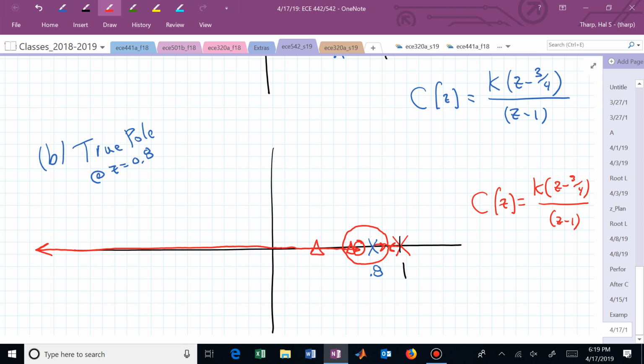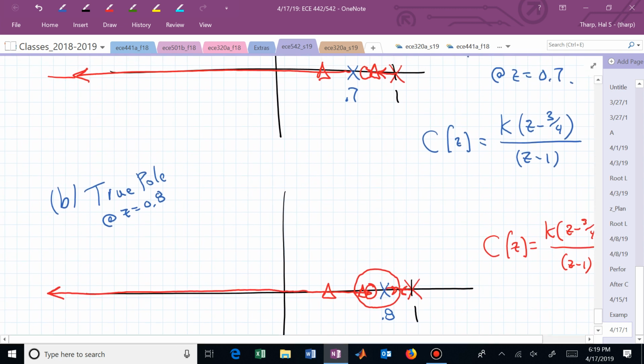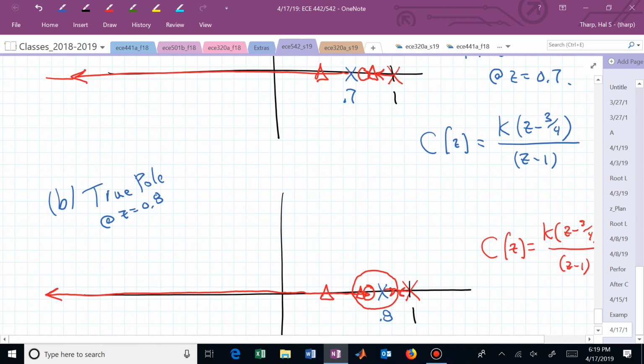Questions on that? Yes? So the true pole represents the actual pole of the plant? Yes, so now we're saying that the true system was in fact that. This was the true plant.